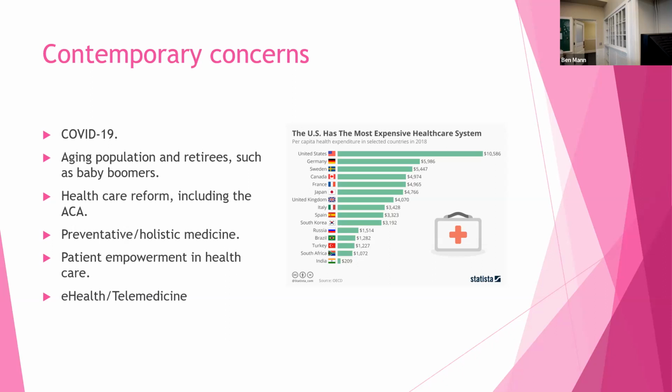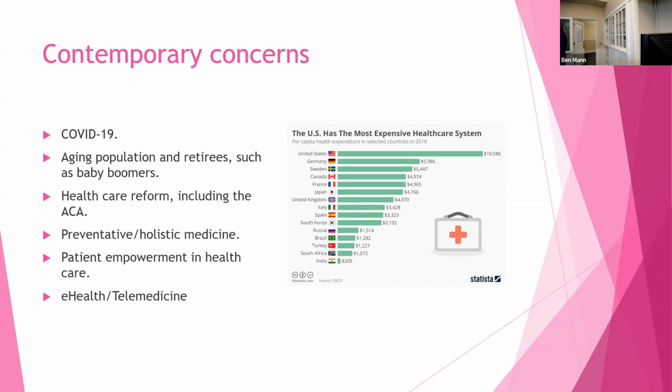The United States is right up here at the top at 10,586, whereas as we go down, we see differences in the amount that countries spend on healthcare on average. And a big factor is how much is invested in things like preventative care, which is able to really drastically lower healthcare costs.